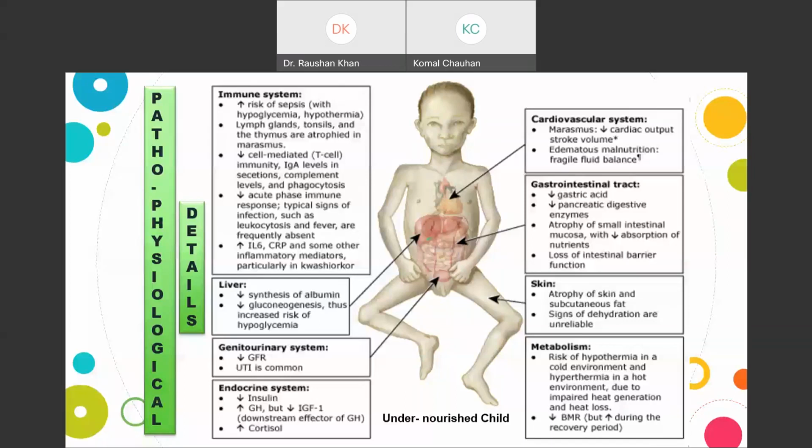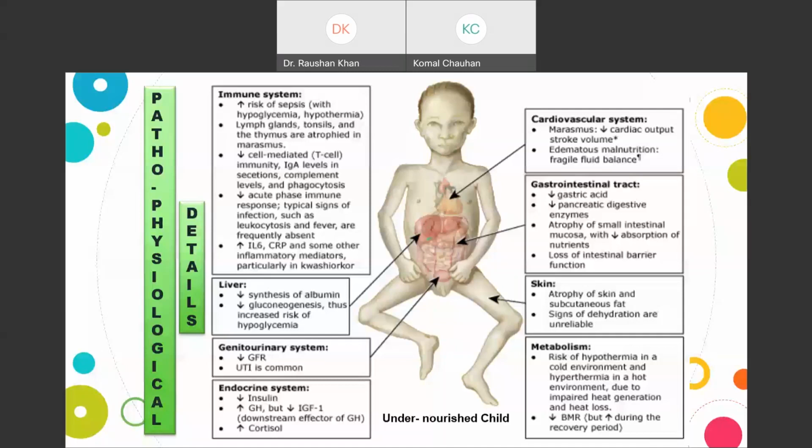The gastrointestinal tract is also compromised, and the level of gastric acid secretion of small intestine is decreased, so there is reduced absorption of nutrients. As you all know, we absorb nutrients from the food through our small intestine. So malabsorption of nutrients is there in case of malnutrition. Loss of intestinal barrier function is also there.